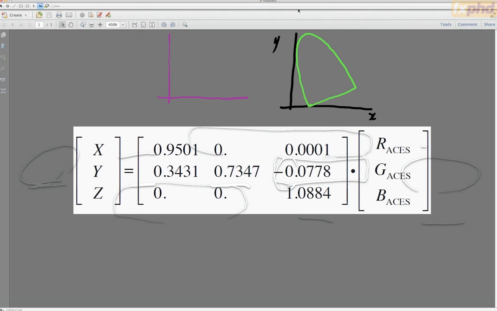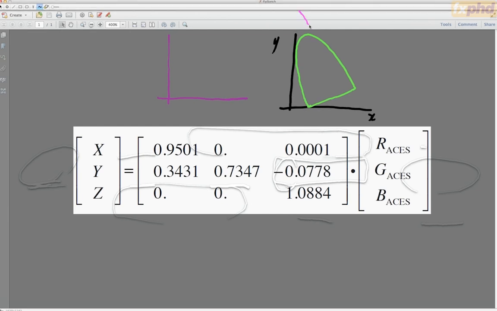And then we've decided to make ACES RGB have its red primary here, its green primary way up here at little x equals 0, and its blue primary down here. I mean, I should put blue in quotes because physical blue is here. That's the most saturated blue you can make physically.